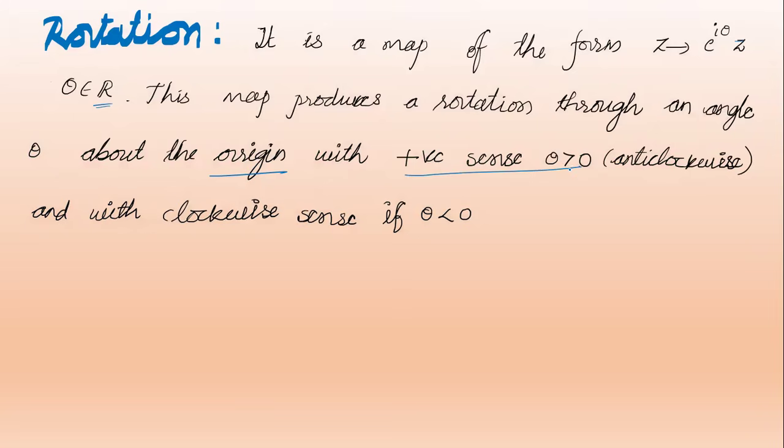That means theta greater than 0, that means in anti-clockwise direction, and with a clockwise sense, in this case theta less than 0. That is clockwise direction, negative sense. If rotating this is positive sense.